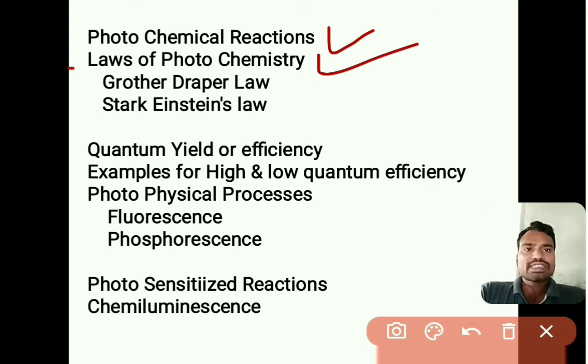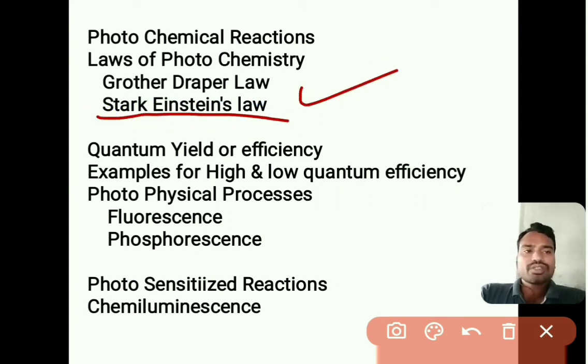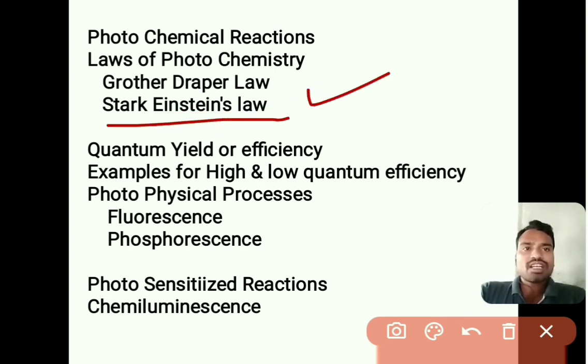The first law, Grotthuss-Draper's law, says that only the absorbed part of the light radiation is responsible for photochemical reactions. After that, Stark-Einstein's law: one molecule is excited by absorption of 1 photon of energy, or 1 mole of molecules is excited by the absorption of 1 Einstein of energy. This is Stark-Einstein's law, the second law.